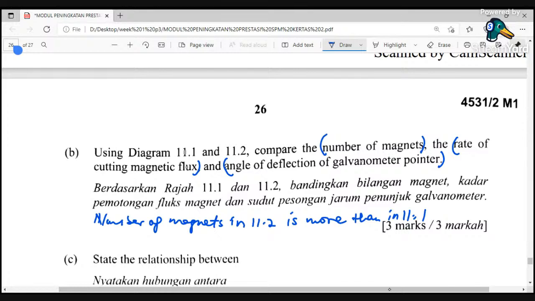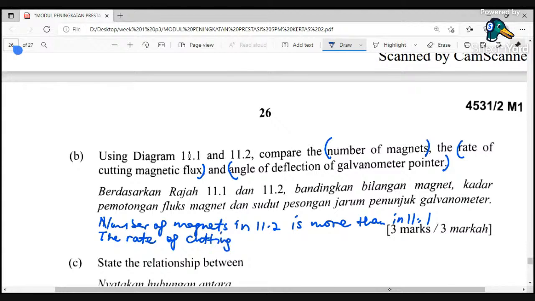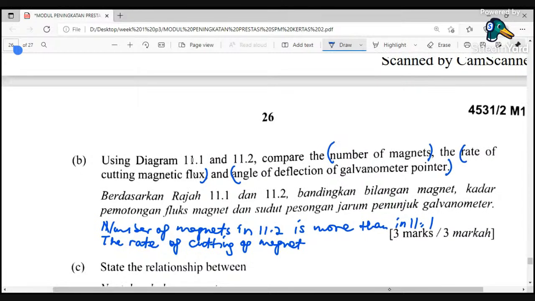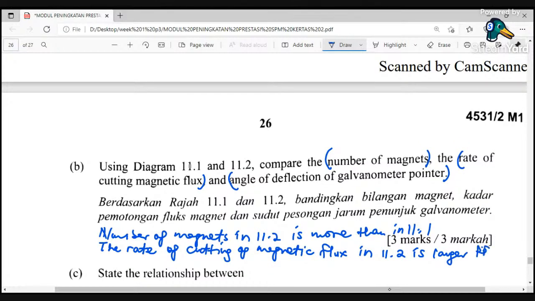Second, the rate of cutting. Larger magnet ataupun more number of magnet means more flux line. Okay. The rate of cutting of magnetic flux in 11.2 is more, is larger than in 11.1.